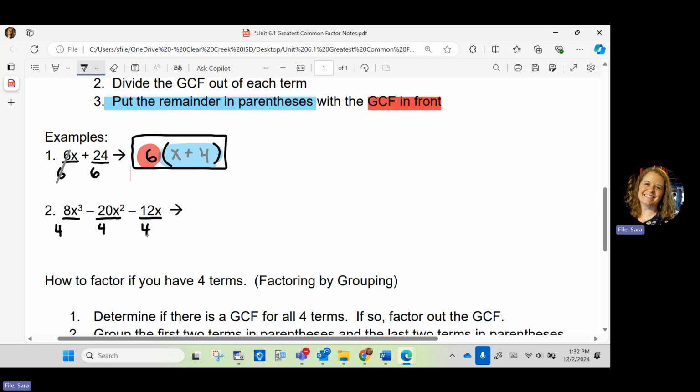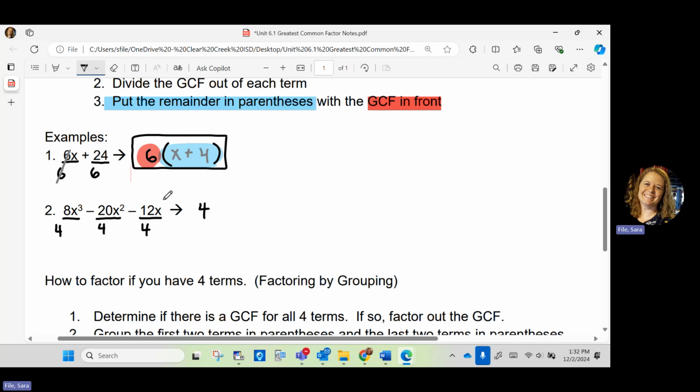Now let's look at the letters, okay? This time, all the terms have an X, don't they? So I can factor out an X. Out of these 3 X terms, what's the lowest exponent? Yeah, this one, that's an understood 1, right?